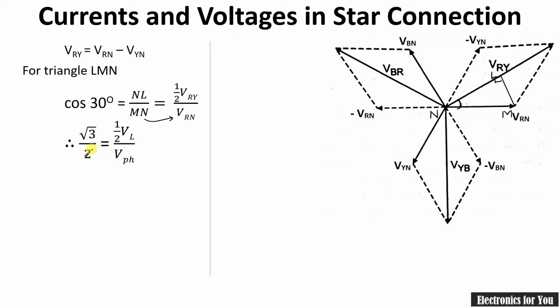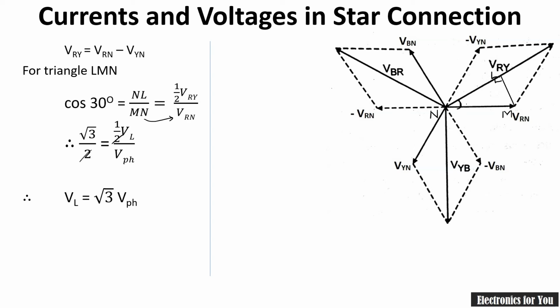Now note that this 2 and this 2 will get cancelled, and we will get VL equals root 3 VPH. So this is the formula for line voltage. Line voltage equals root 3 times VPH, that is the phase voltage. So this is the relationship between a line voltage and a phase voltage in the case of a star connection.